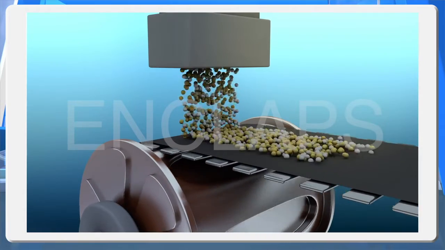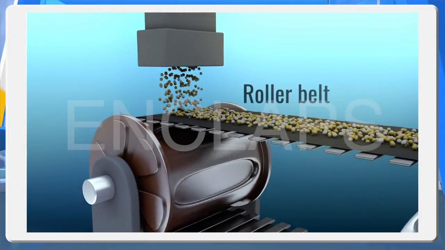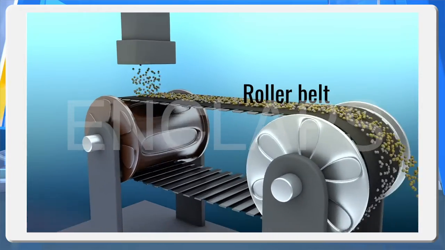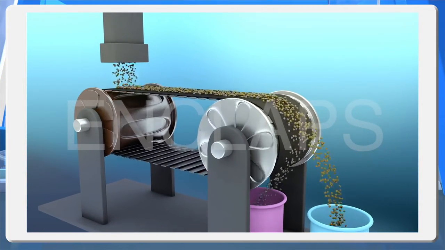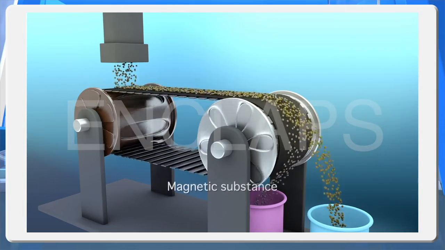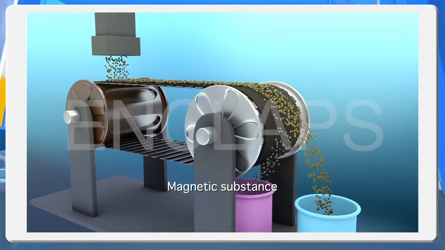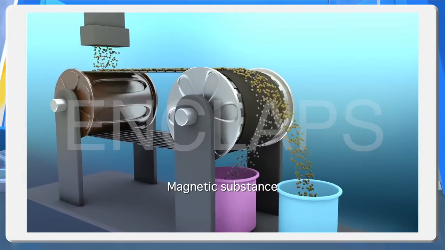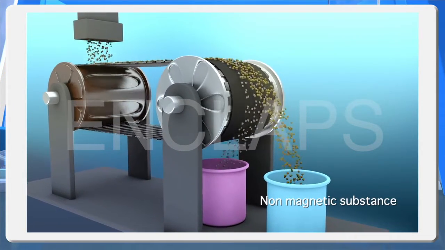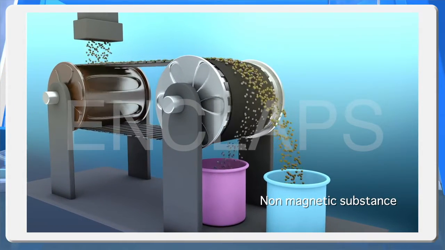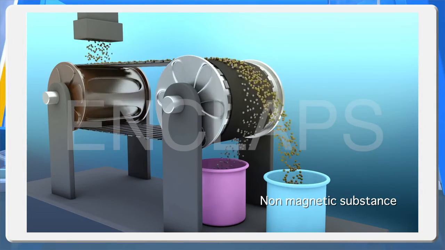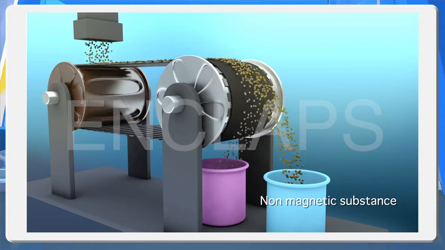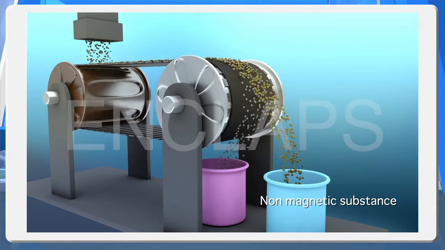Here we place the powdered ore on the roller belt. One roller of this belt is a magnet. So the magnetic material is attracted to the belt and stays on the belt. And the non-magnetic material, which is either the metal or gangue, will fall in a heap from the belt. The iron ores and the manganese ores are the main ores for which we use the magnetic separation.